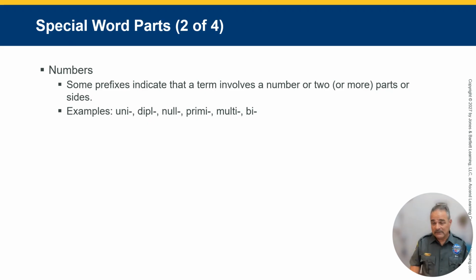Very simple. Multi-trauma means multi, there's more than one. All of these terms we can use as a prefix to enter the root word to say more than one or singular of one. So it's a number, a singular number that's used as a prefix.